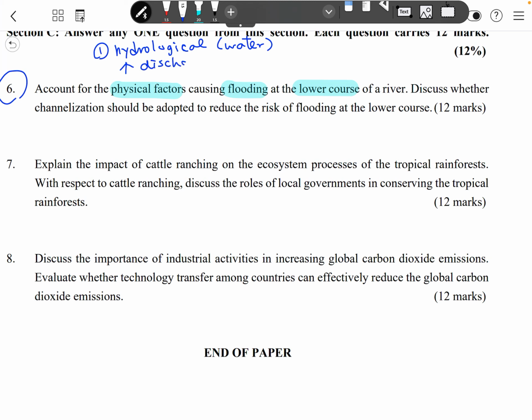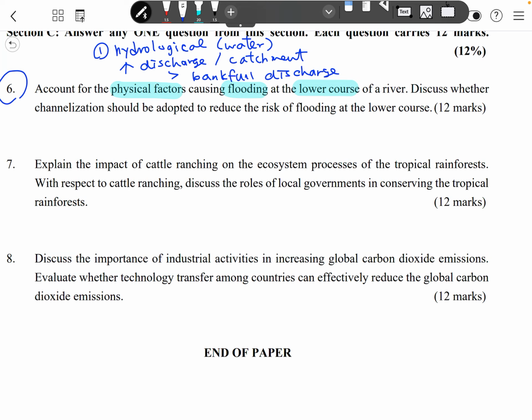At the lower course, they have the largest amount of discharge, a large catchment area. So a lot of water will be transported to the lower course, so they will exceed the bank full discharge and cause flooding.